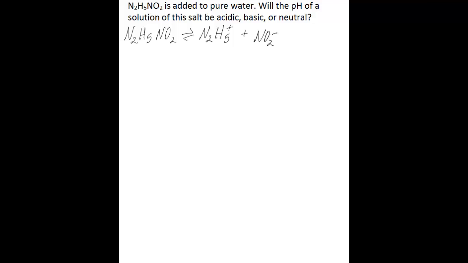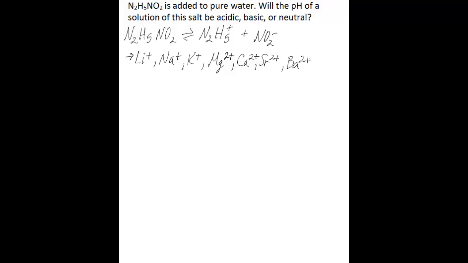Before answering this question, it's useful to know which ions do not react appreciably with water. General rules of thumb for this are that cations that come from strong bases do not react appreciably with water. And these include lithium, sodium, potassium, magnesium, calcium, strontium, and barium.